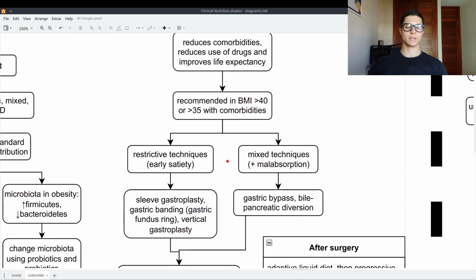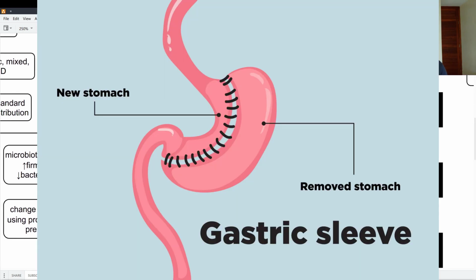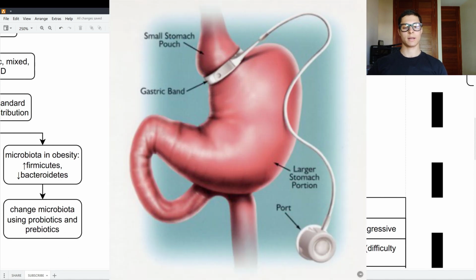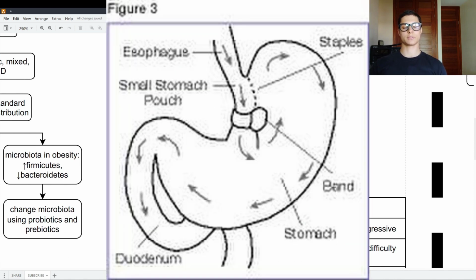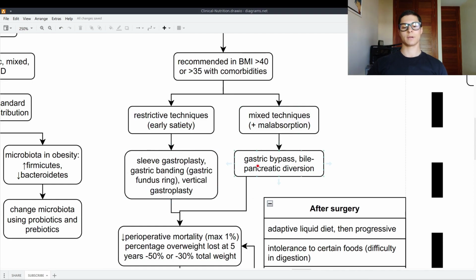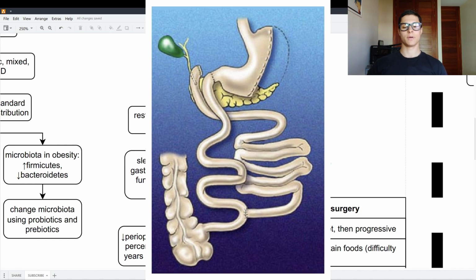We have two techniques here: the restrictive techniques, which are based on the early satiety, and the mixed techniques, which also add the malabsorption. So the restrictives are the sleeve gastroplasty, the gastric banding, the gastric fundus ring, and the vertical gastroplasty. And the mixed techniques are the gastric bypass and the bile pancreatic diversion.